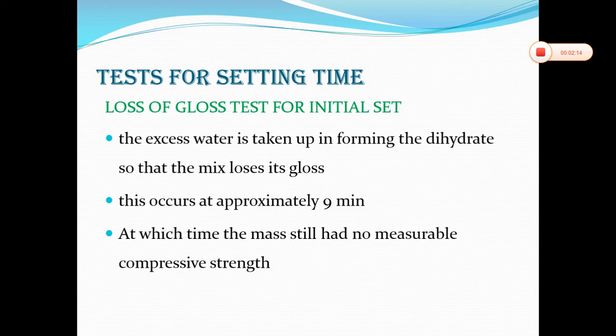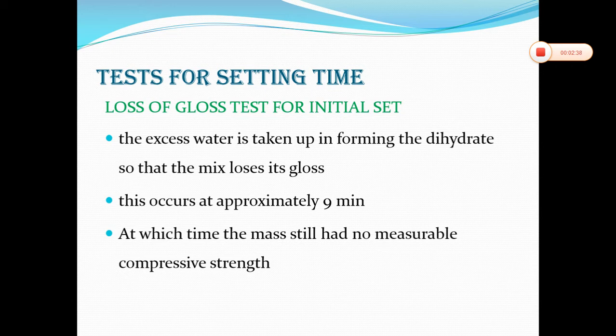The first one is the loss of gloss test for initial set. Once you finish mixing and pouring the mix into an impression, there will be some amount of water layer present on the superficial surface.